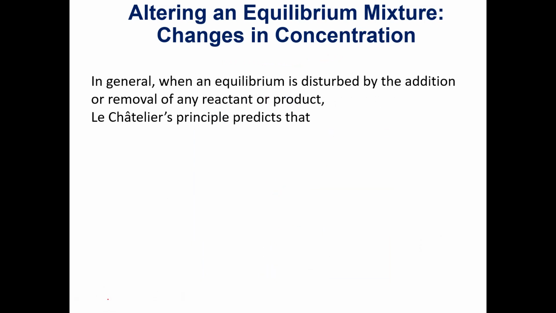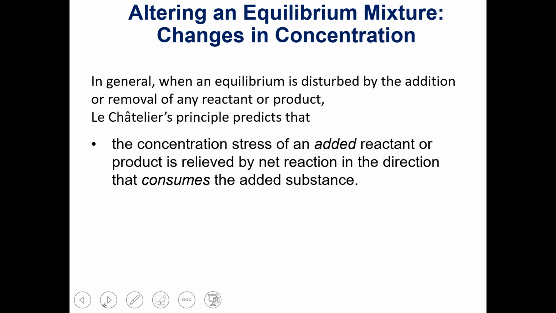When you disrupt the equilibrium by adding or removing a reactant or product, if you add a reactant or product, the reaction is going to go in a direction that consumes whatever you added. In our example, we added N2, a reactant, so we had to go towards products to consume some of that reactant.